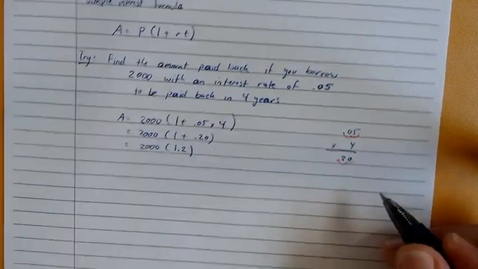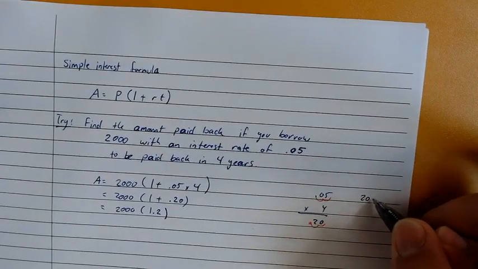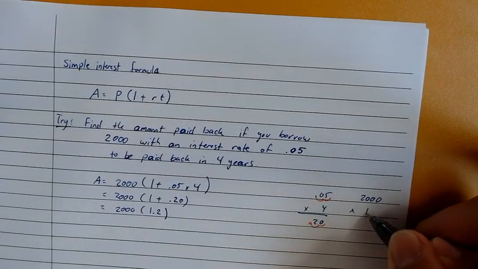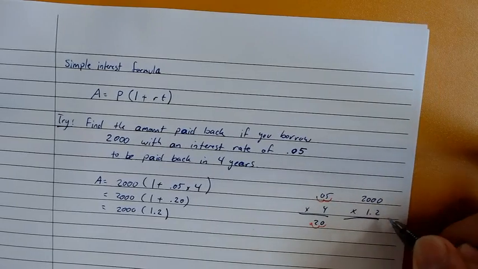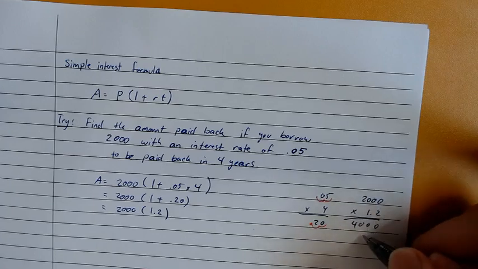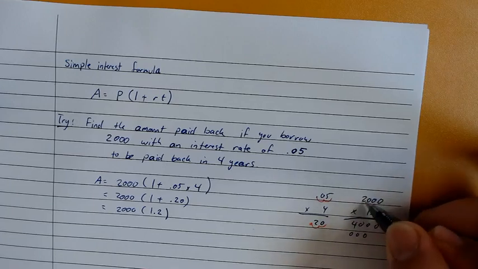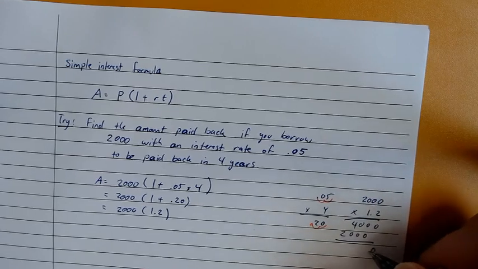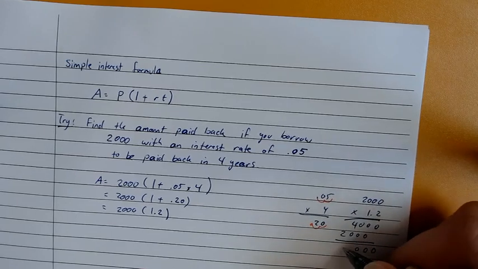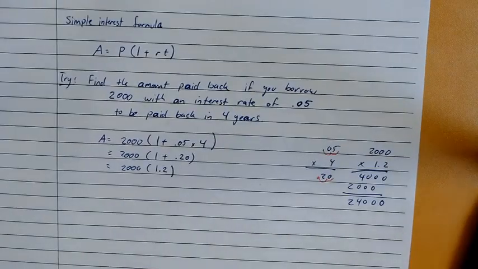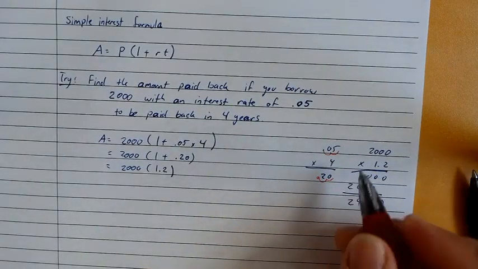And finally, we do that multiplication. We're going to take 2,000 times 1.2. And that's going to be, let's see, that's 0, 0, 0. 2 times 2 is 4. 0, 0, 0. 1 times 2 is 2. And that's going to give us, it looks like 24,000, but don't forget your decimal.